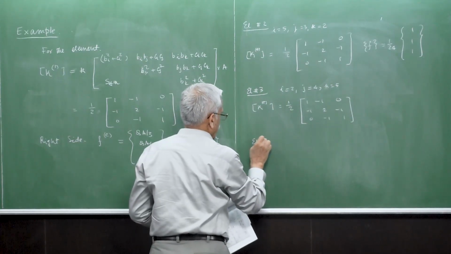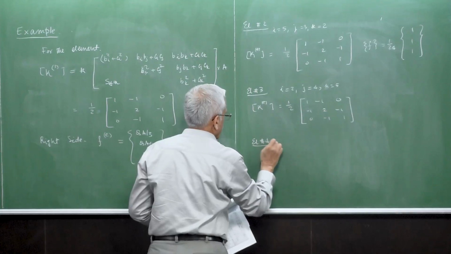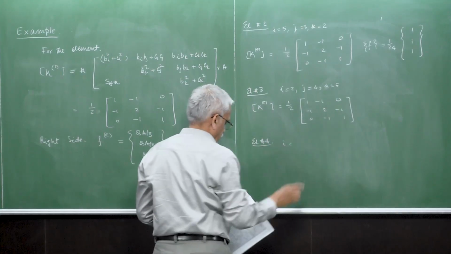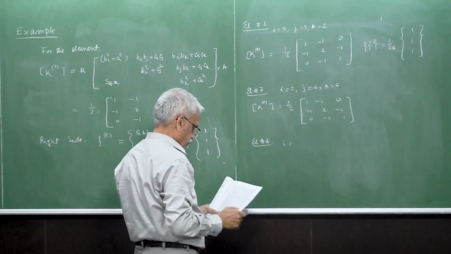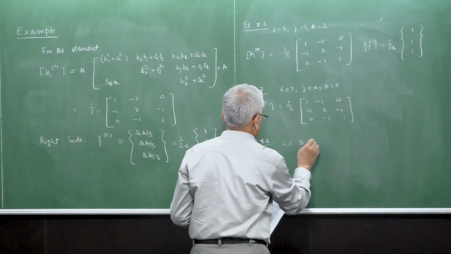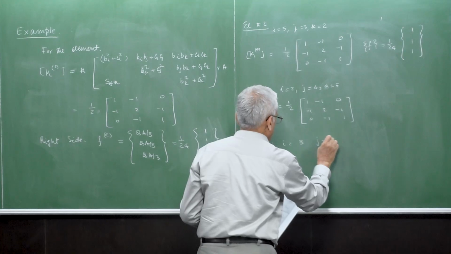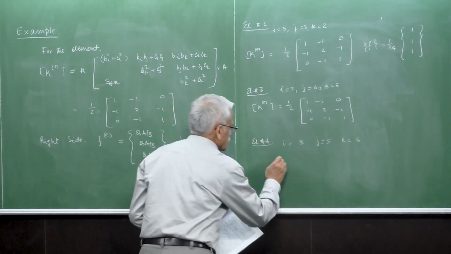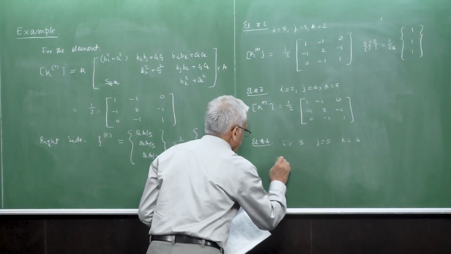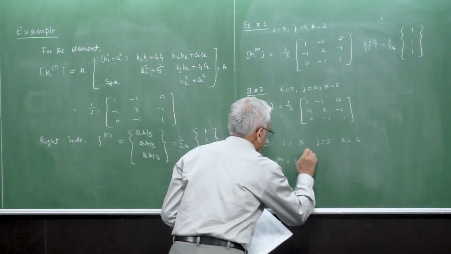And element 4. So why I'm writing this is that this IJK are different. Right? So K happens to be exactly same.